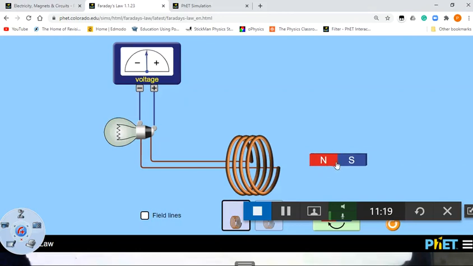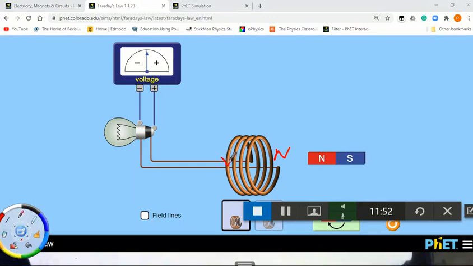So if I want to bring a north in, the field wants to produce a north. So it will spin the current in the direction to oppose me entering the north. Now using our right hand rule, we turn our right hand so that our thumb points towards the north of the magnet, and we see that it would flow downwards through the coil.